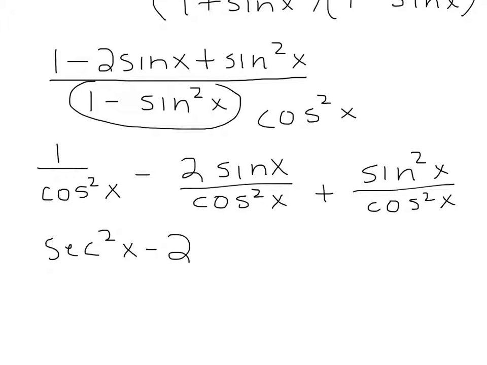I have sine of x over cosine of x, which is tangent of x. That leaves me with 1 cosine of x in the denominator, which is secant of x, plus tangent squared of x. So I'm going to leave my left-hand side now and look at the right-hand side.